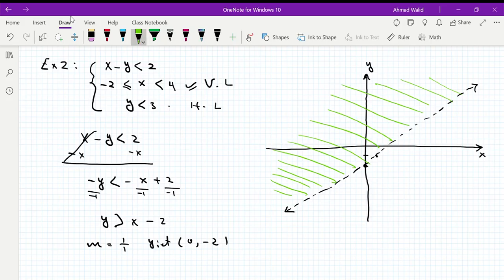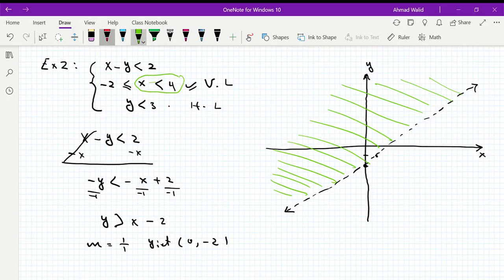Let's graph inequality number 2. x less than 4 and greater than or equal to -2. Of course, you are dealing here with two inequalities. One of them is x less than 4.